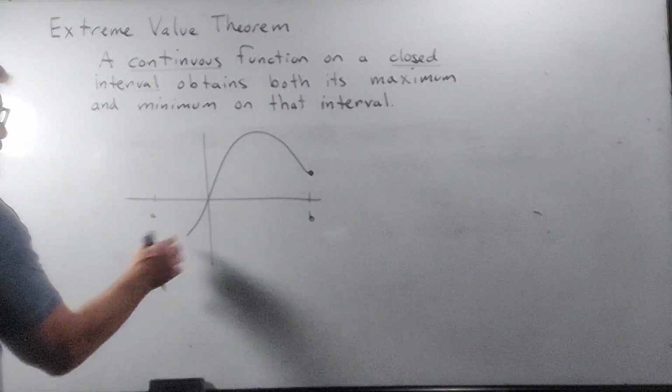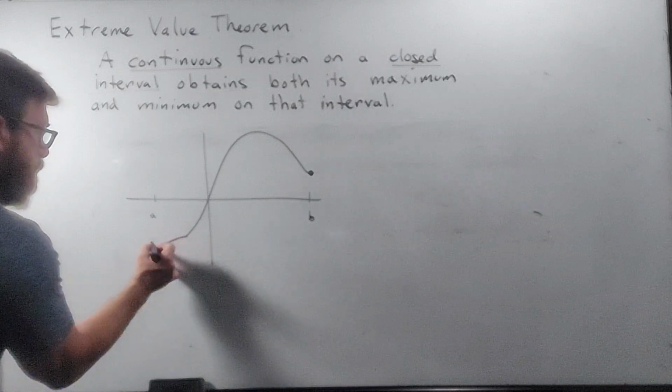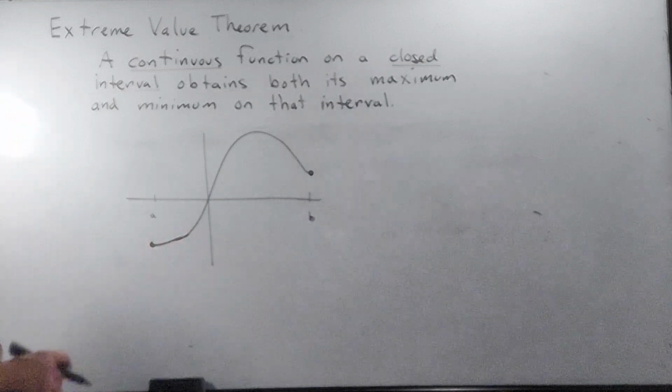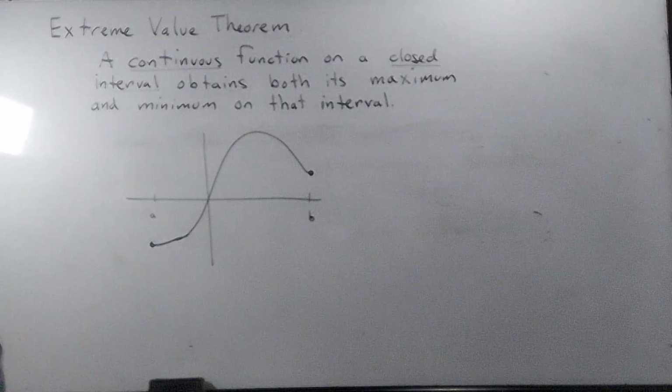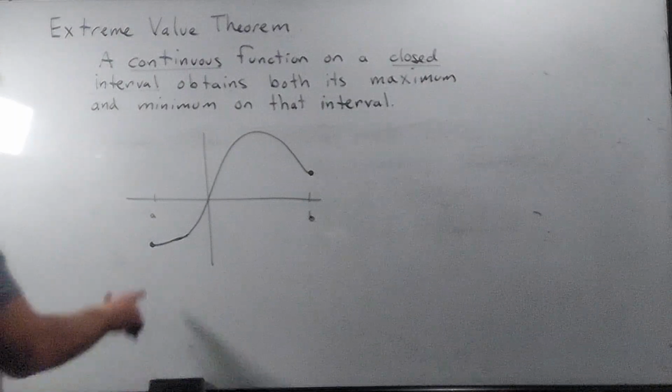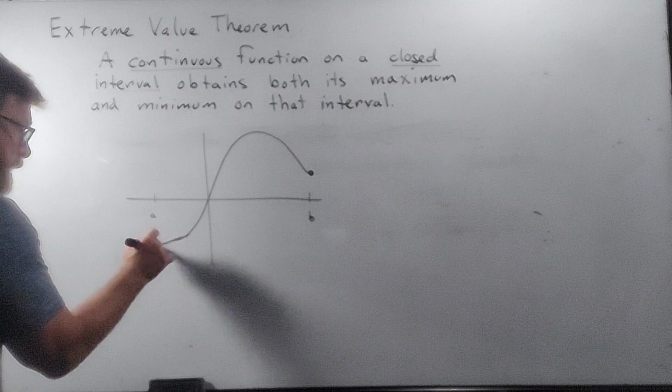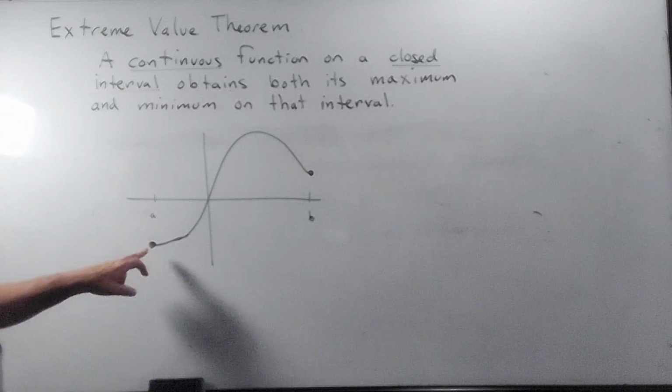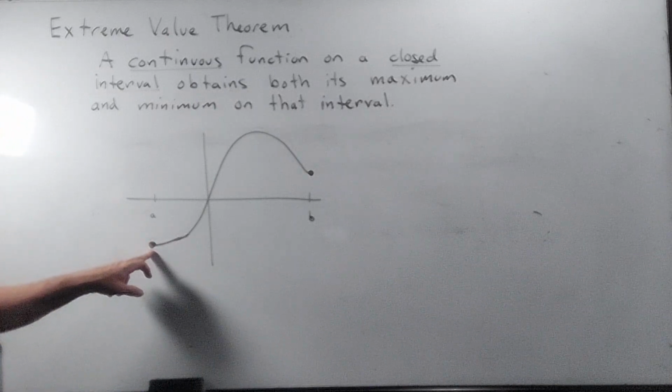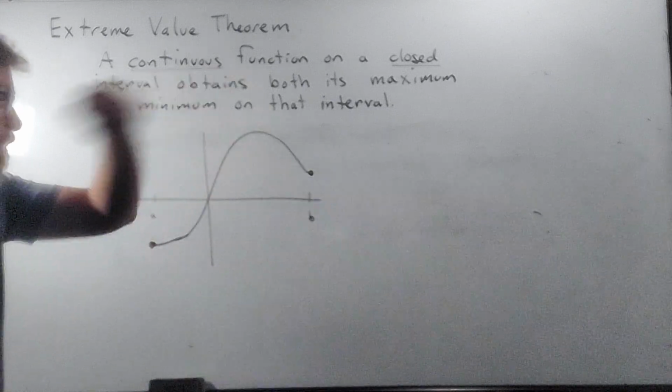Now, what we know is that this function will always obtain its absolute maximum and absolute minimum on this closed interval. What we can see is that in this particular picture, this happens to be its minimum value, which happens to be the endpoint A. So f of A is less than or equal to all the other values.